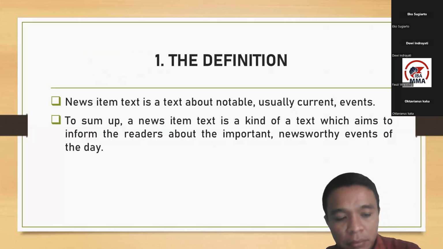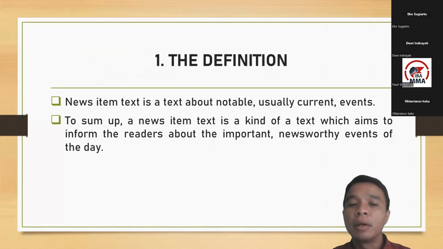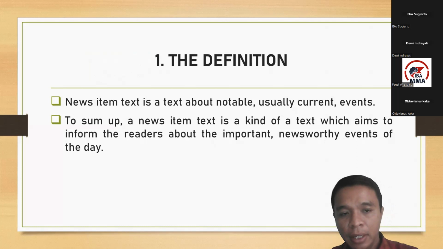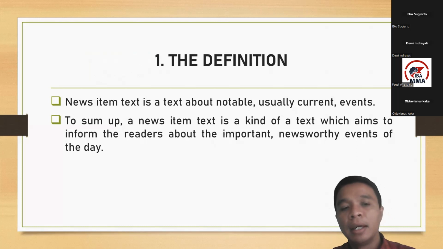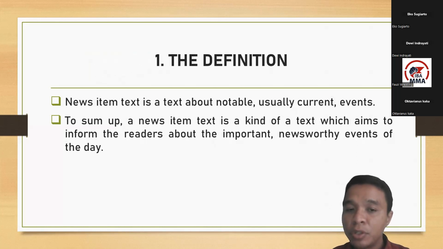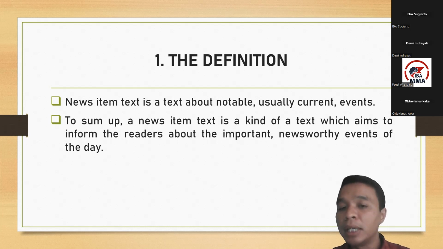Well, let's start by explaining the definition of news item text. News item text is a text about notable, usually current events. To sum up, a news item text is a kind of text which aims to inform the readers about the important newsworthy events of the day.